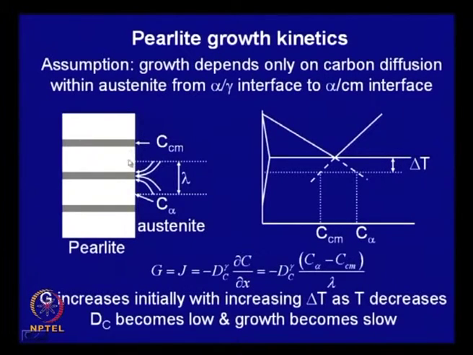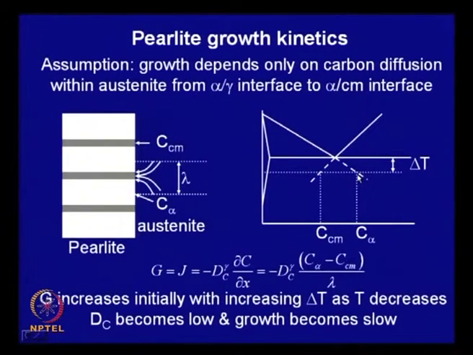Since that much carbon has been drained from the neighboring region, the carbon concentration drops here. With ferrite also it is possible to find the carbon content at the ferrite interface, which you can find by extending this.